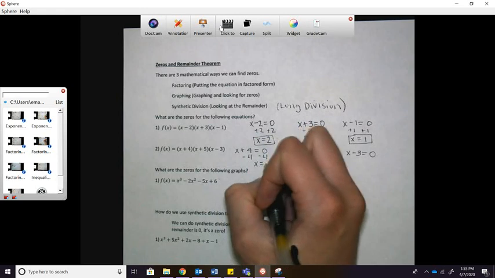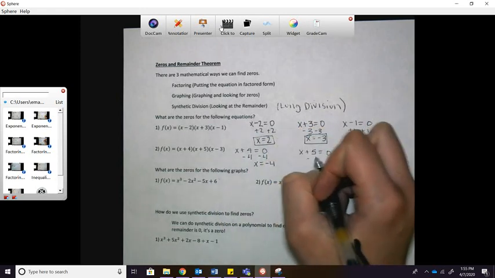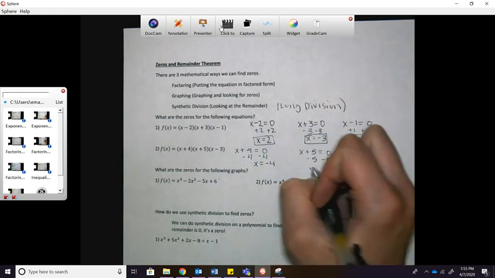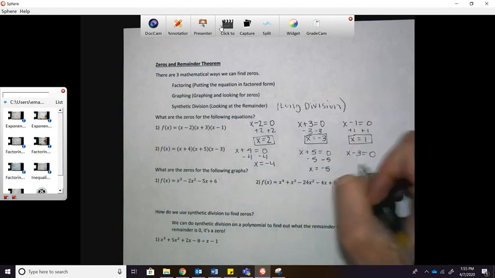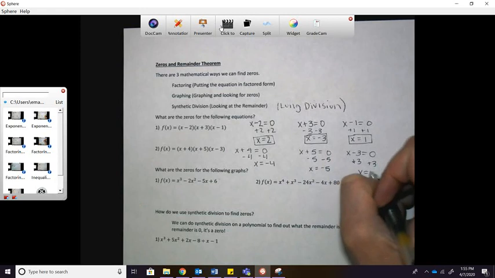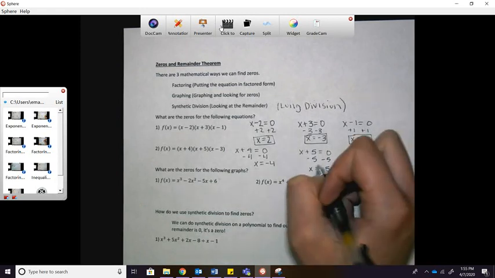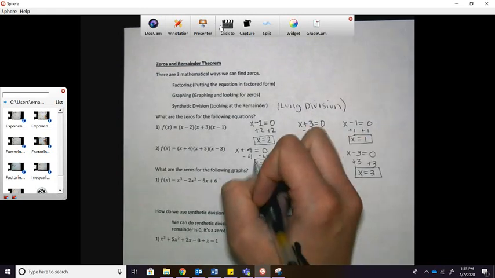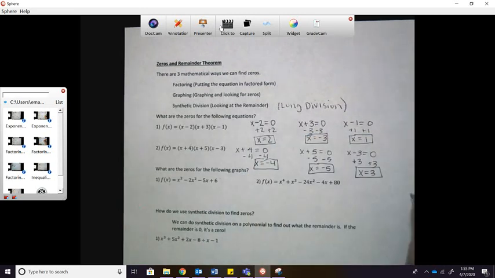When I go ahead and solve, I'm going to get -4, -5, and +3. And I know a lot of you guys can do this process in your head, and that is fine.